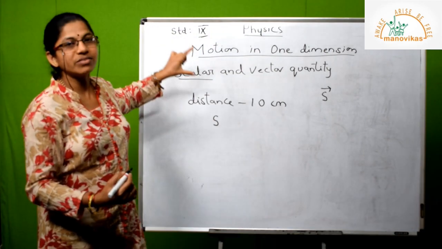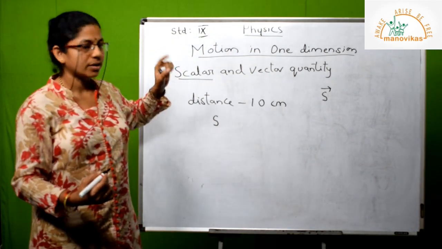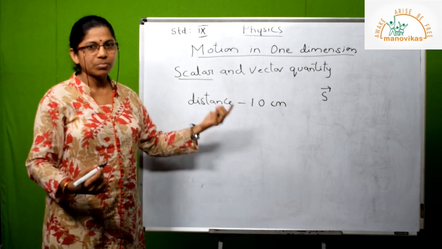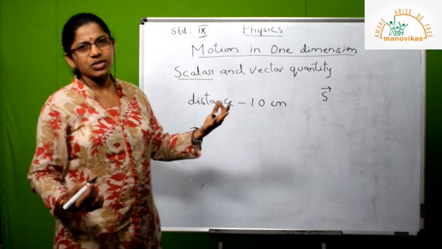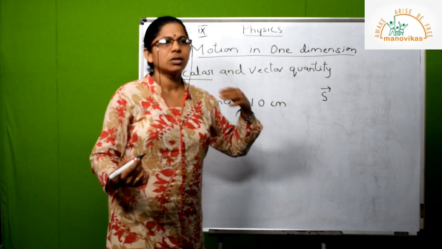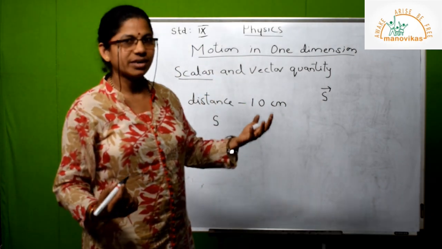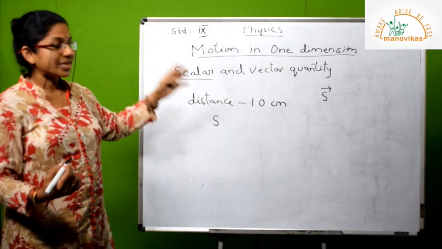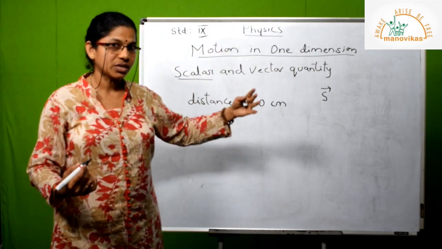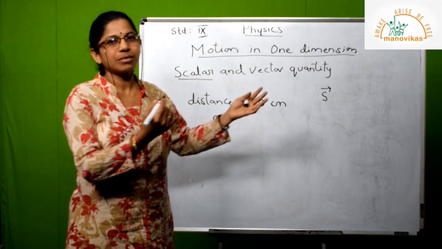Now examples of scalar quantities. Distance is one example, then speed, work, energy, power, temperature. These are some of the examples of scalar quantities, wherein you don't need a direction in which these quantities are being measured.